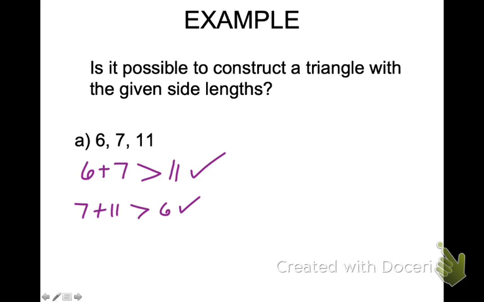Yes. If I do 6 plus 11, is that greater than 7? Yes. Usually you just need to check the smallest 2 because it's going to work out that your large one and a small one will be greater than the other small one, right? So since the sum of 2 sides will always be greater than the third side, yes, it is possible to make a triangle with the dimensions of 6, 7, and 11.